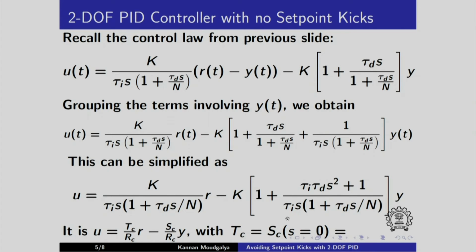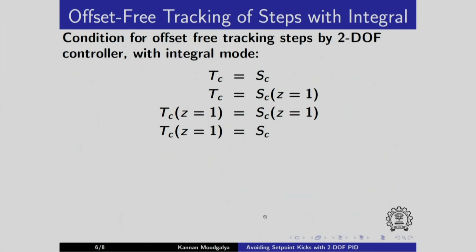But for offset free tracking, here is the condition to be used. It is equal to K. That is easy to verify. Tc you can see to be K. Similarly, you evaluate Sc from here and substitute s equals 0, you get K. So the offset free tracking condition is satisfied.